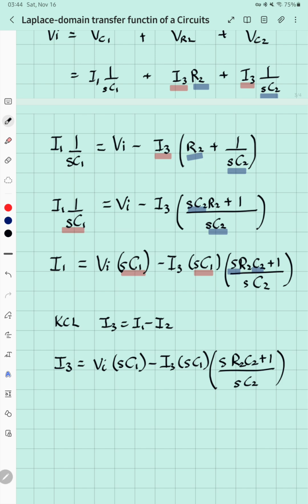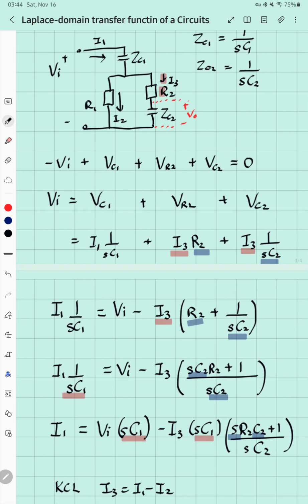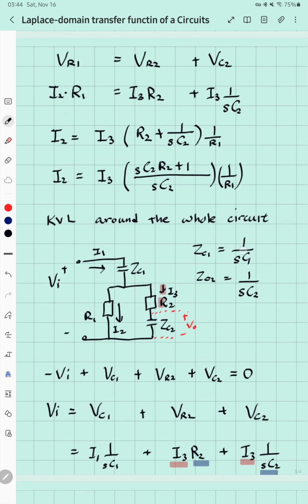So the advantage of not skipping lines is you can trace it back. Minus, what was I2? I2 we calculated somewhere. Right here we have I2.